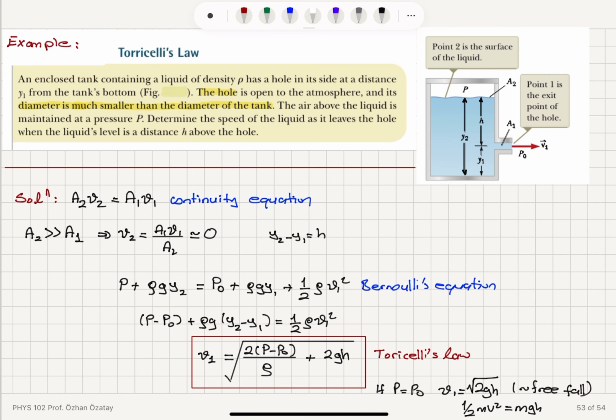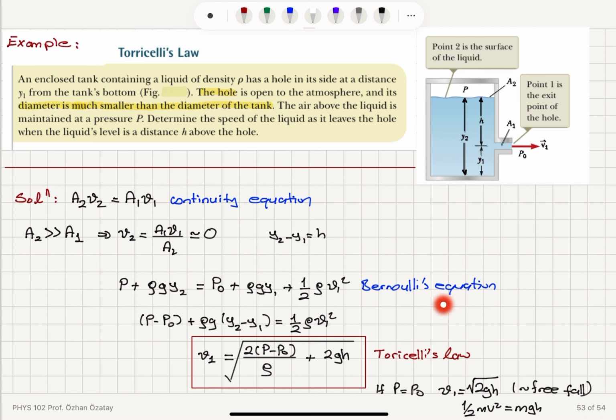And another application we have seen is Torricelli's law. Here we have an enclosed tank where there is a pressure P on top and the pressure outside is the atmospheric pressure. We have a very small hole compared to the surface area of the liquid, which allows us to neglect the kinetic energy of the particles that are on top.